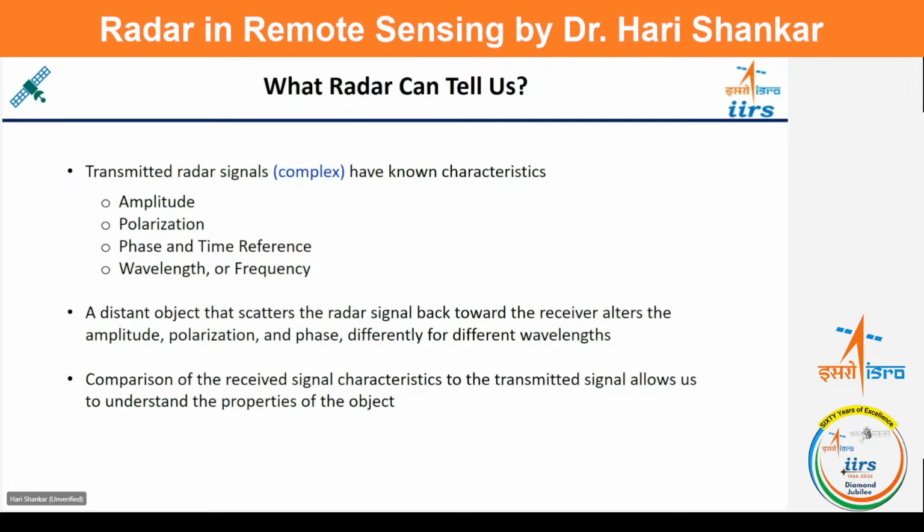So when we are using radar devices in the remote sensing process, these four types of information get affected. If you are able to analyze how much effect there is in these quantities, we can correlate those effects with the changes on the earth surface, whatever phenomena or processes are happening there.